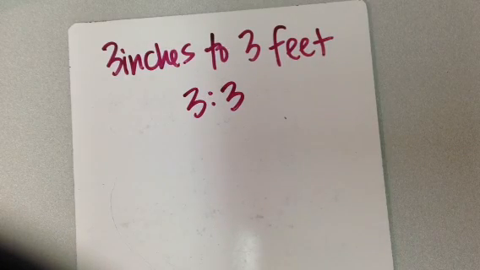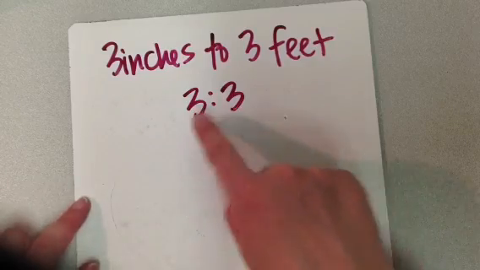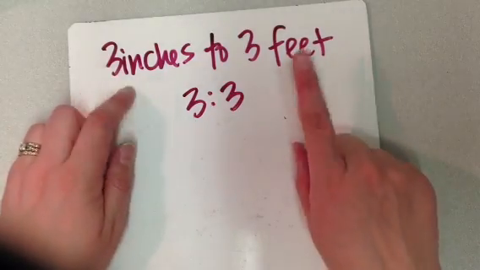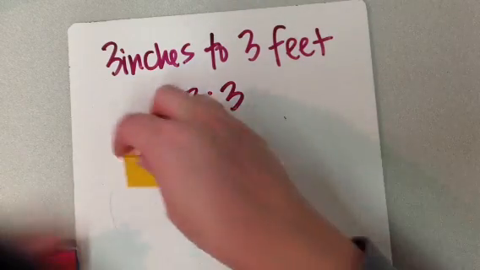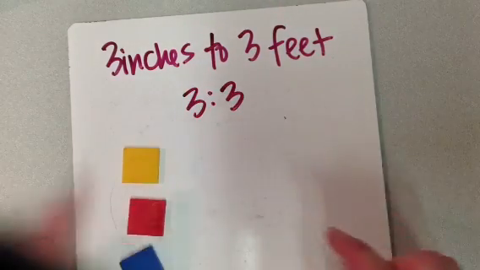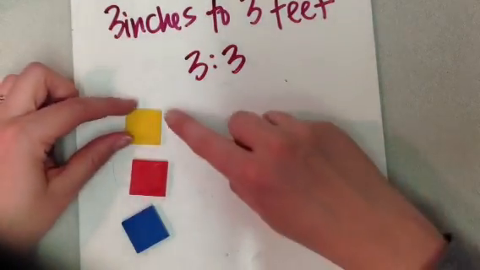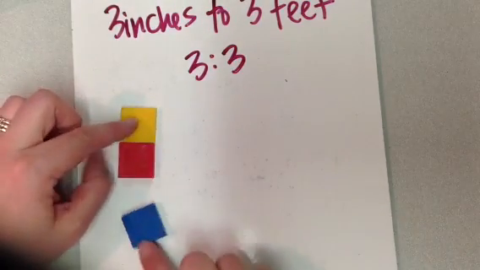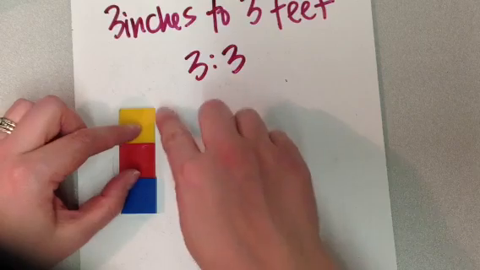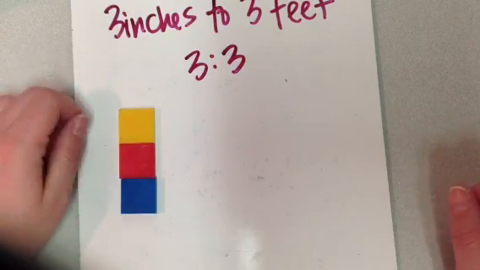There's my ratio. But it's not that way because, again, this says that these 2 things are equal. Let me give you some visuals for this, okay? These are little 1-inch cubes, or 1-inch tiles, okay? They're 1 inch along this side. So if I put them together, this is 3 inches long, okay?